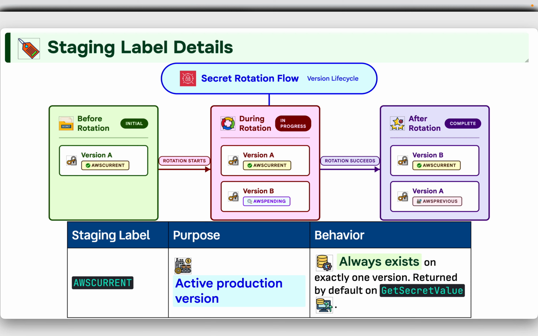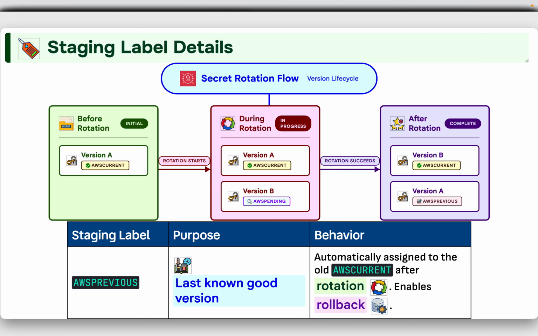So, first one is AWS current. Its purpose is the active production version. It always exists on exactly one version and is returned by default on get secret value. AWS previous. So, its purpose is the last known good version. It is automatically assigned to the old AWS current after rotation. It enables rollback.